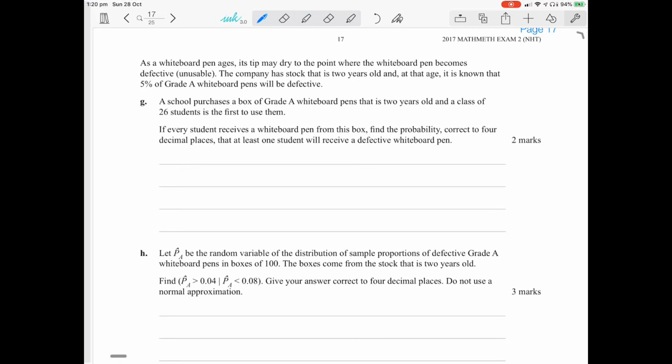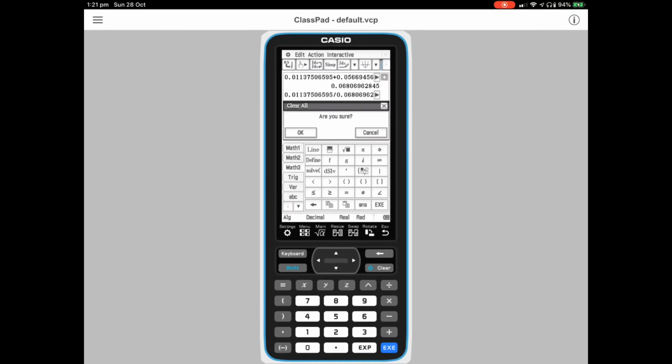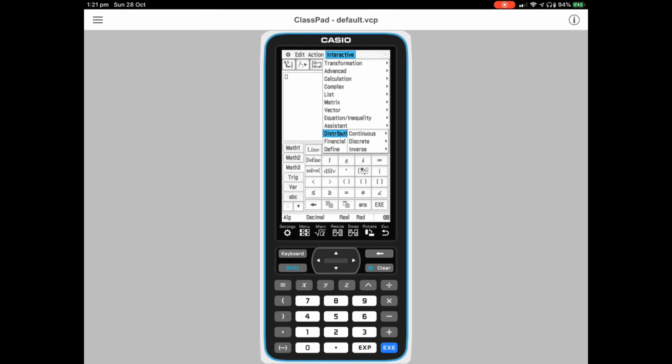Okay. So 5% are defective, 26 students. So n is 26, p is 0.05, at least one. So let's say X is binomially distributed, 26, 0.05. The probability that X is greater than or equal to 1 is, at least this is easier, I don't want to think too much.